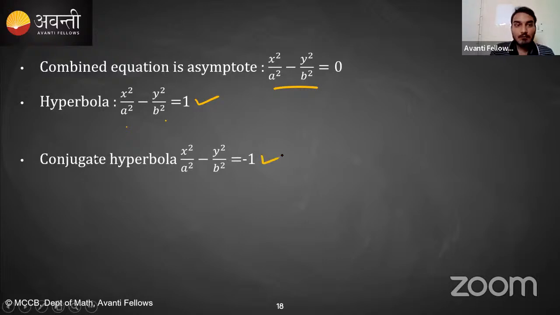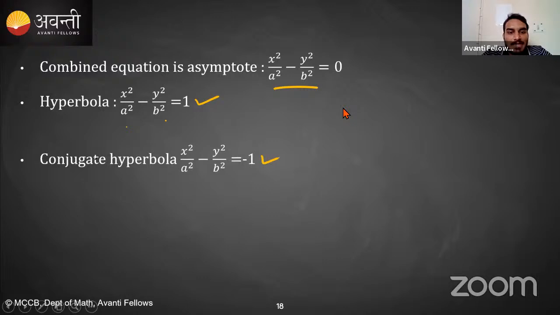So it means the hyperbola, its conjugate hyperbola and the combined equation of asymptote only differ in the constant. Okay, the rest of the terms will be exactly the same, and the only difference is in the constant term, right? This we can analyze from here.